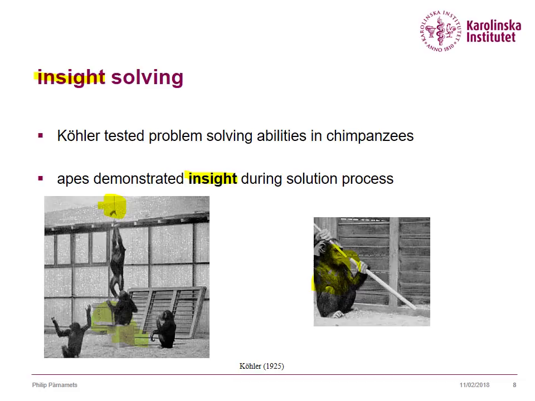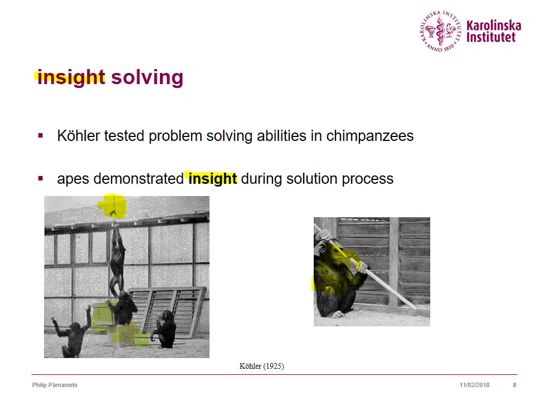Rather, he would observe the chimpanzees, and they would first of all define their problem space, and they would realize that they cannot reach the piece of food by themselves, and then they would sit and appear to think about the problem.